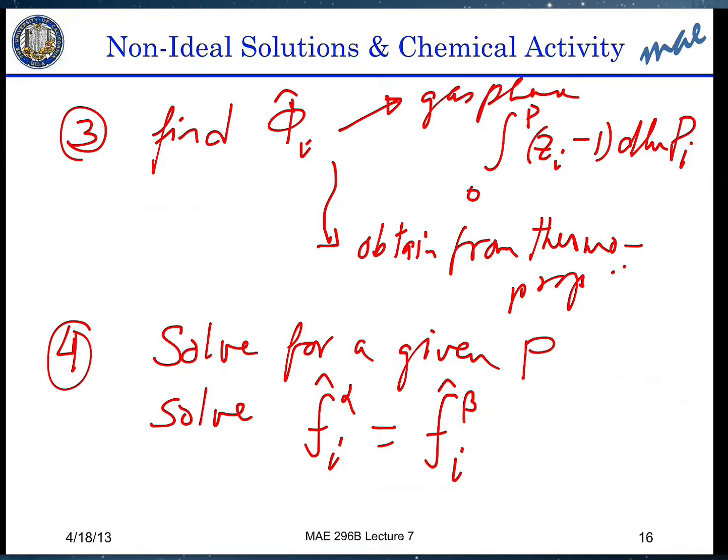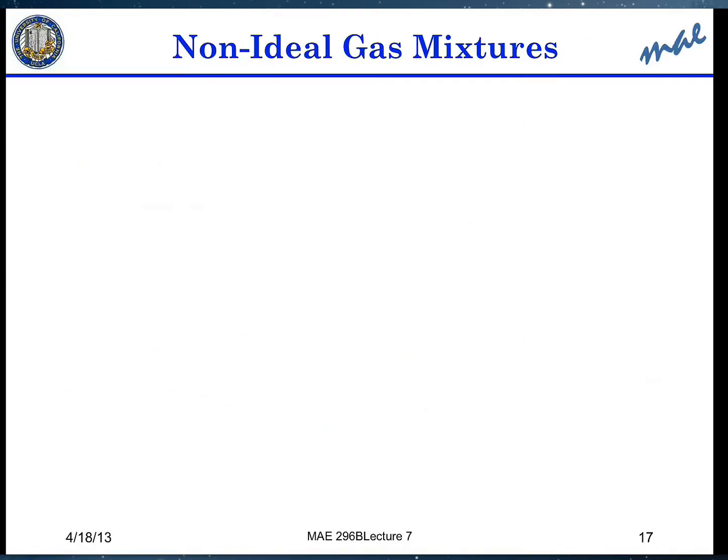So that gives me a set of equations, and we have only 2 equations to solve, and the 2 equations will give me a generalization of Raoult's law in this case, for non-ideal gas mixtures.